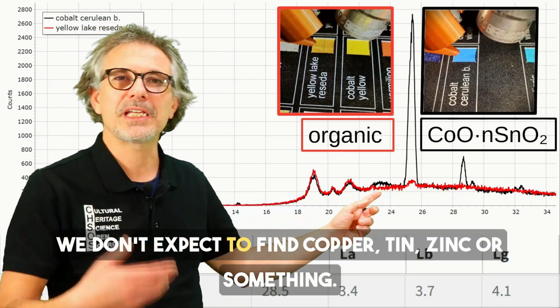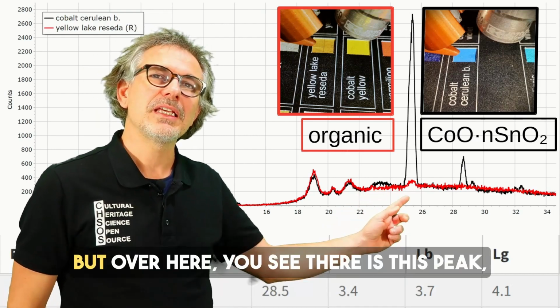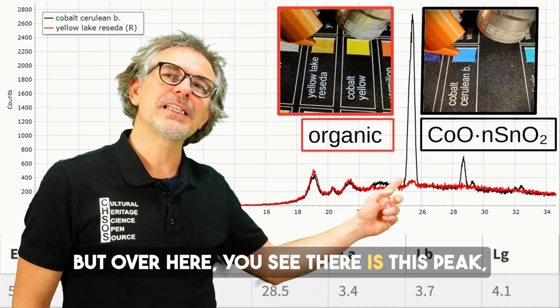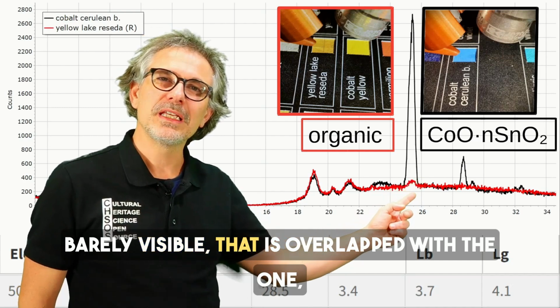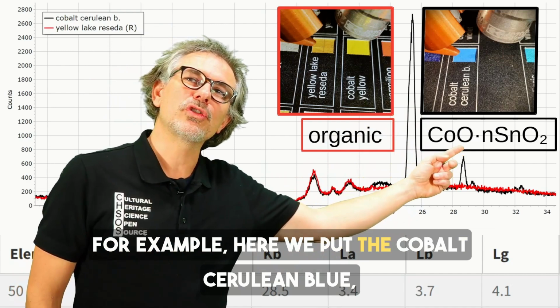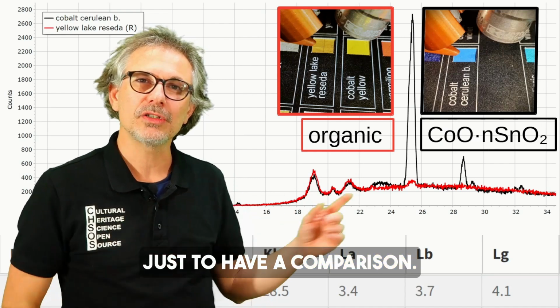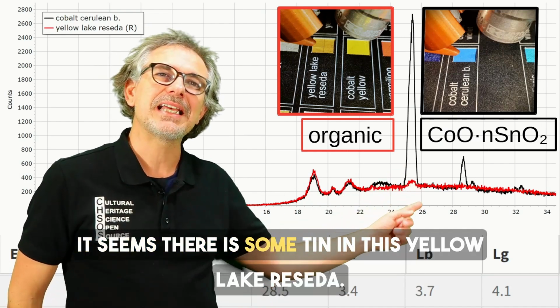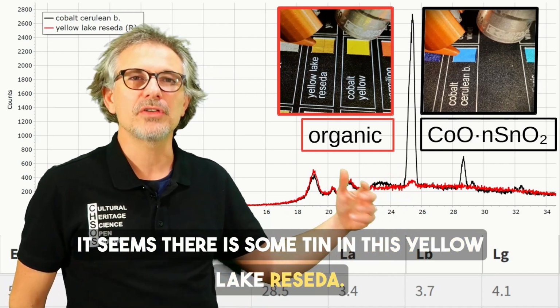We don't expect to find copper, tin, zinc or something. But over here you see there is this peak, barely visible, that overlaps with the one of the cobalt cerulean blue, which we put here just for comparison. It seems there is some tin in this yellow lake reseda.